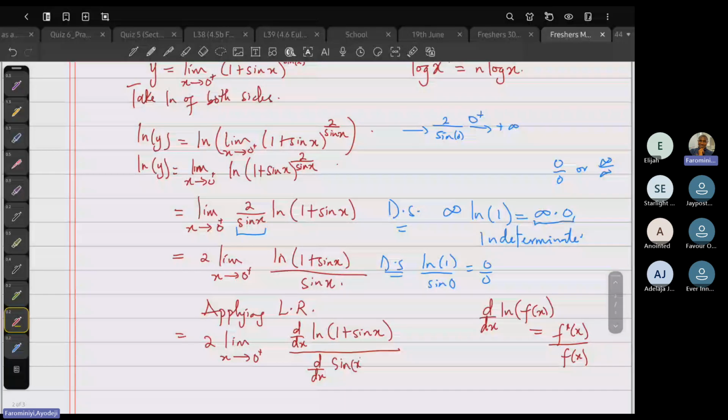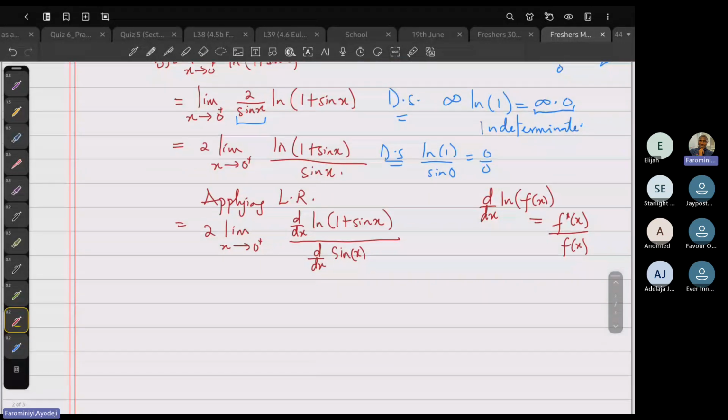So d/dx of sine x. The derivative of natural log of 1 plus sine x will be cosine of x over 1 plus sine x, because the derivative of 1 plus sine x is cosine of x. Then we divide this by sine x.